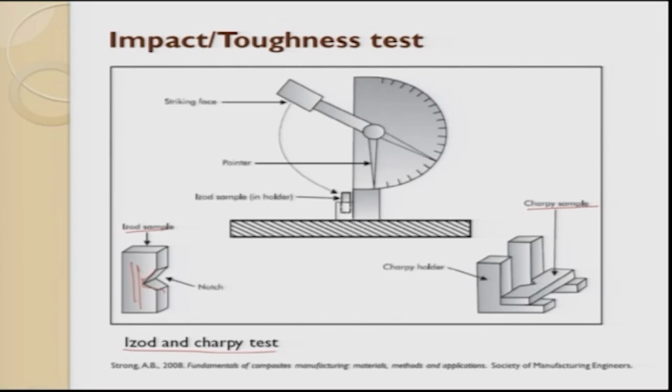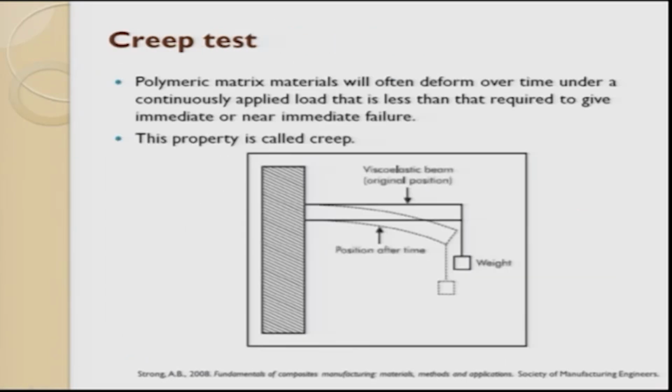But more than this, people start using the rebound test. The next one is the creep test. Since it has a polymer, we always go for a creep test. If you have metals also, people insist on using a creep test. Polymer matrix composite often deforms over time under a continuous applied load. For example, in our garden, we try to develop a hanging garden.